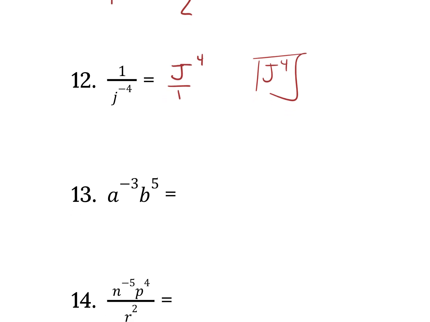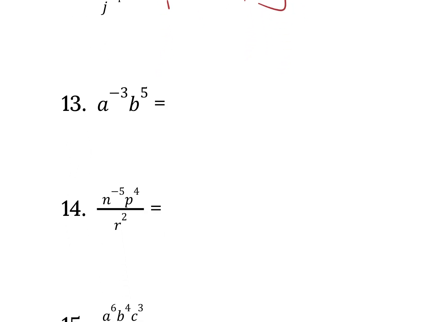When we see something like 13, where I have one variable having a negative and the other one having a positive, that's okay. You can move only one variable and keep one variable there. So what's going to happen is this a to the negative 3rd, I'm going to make that 1 over a to the positive 3rd.